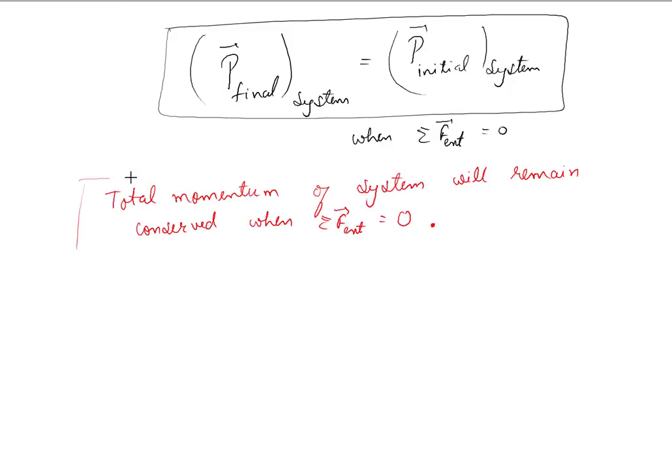So this is the law of conservation of linear momentum, which can be applied on any system if the vector sum of external forces acting on the system is equal to 0.